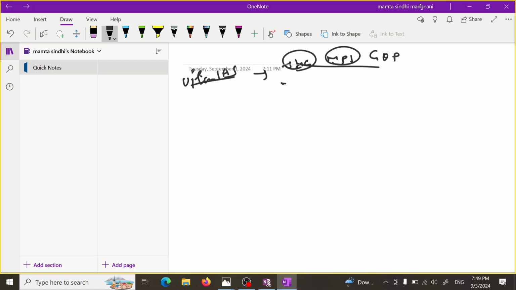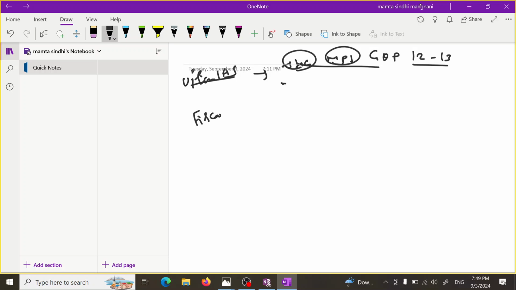Almost 12 or 13 pages were completed. Fiscal policy, yeah. So what is fiscal policy?